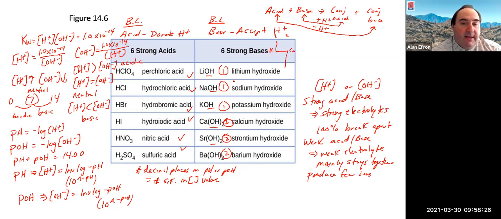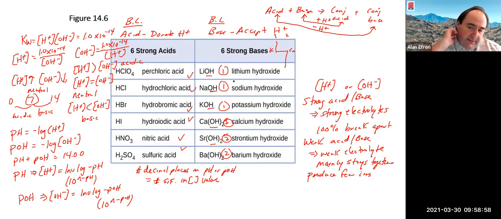In a lot of cases, there is a one-to-one relationship between the whole thing and H plus or OH minus, so it's the same concentration. Although in one of the examples we did, I think calcium hydroxide, it broke apart into 2 hydroxides, so you needed to adjust the concentration of OH minus to get the proper one to use for the pOH. Any questions on any of that?